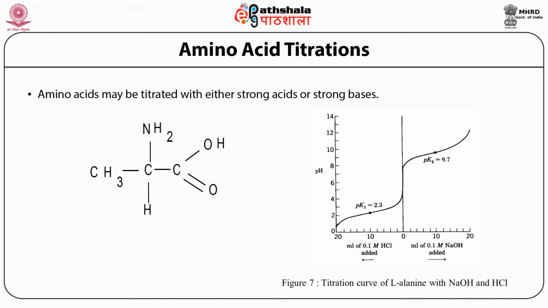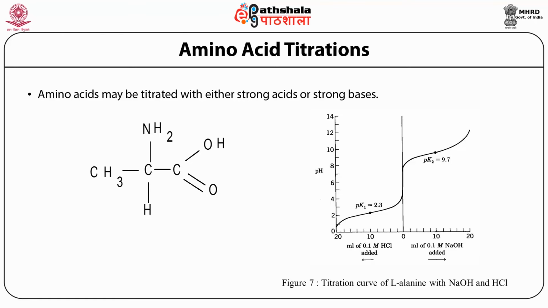Sodium hydroxide, a strong base, will titrate the acidic OH group present there, because here OH is a weak acid group, and HCl, a strong acid, will titrate the weak base, which is the NH2, and it will remove one of the protons present there and give a pK2 value.